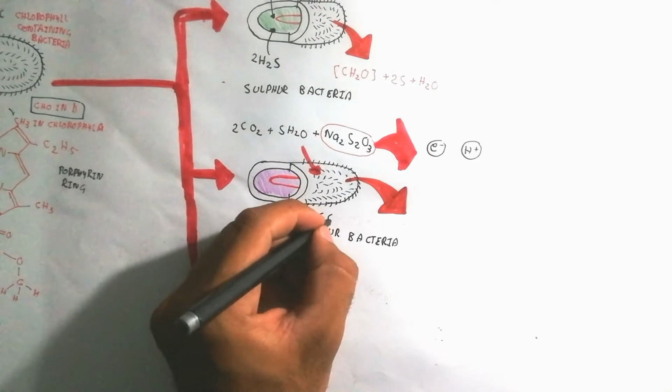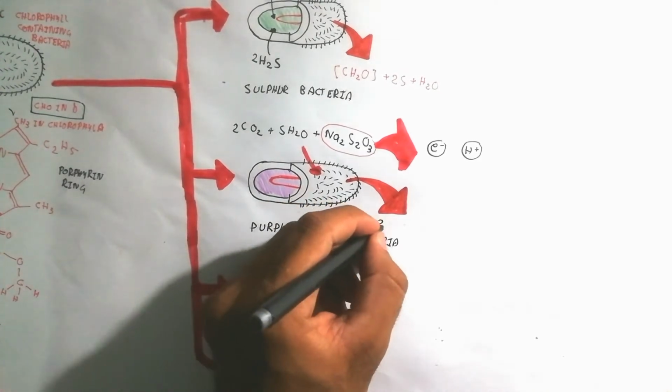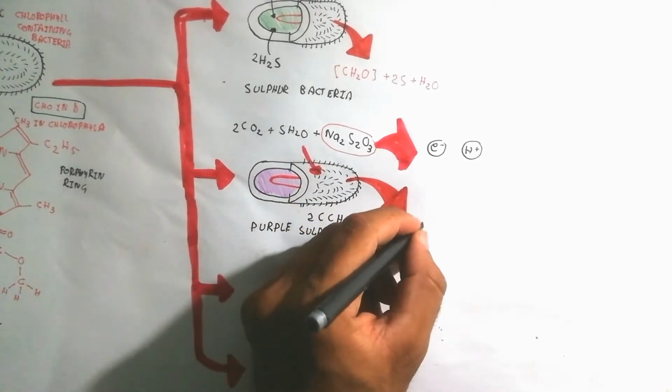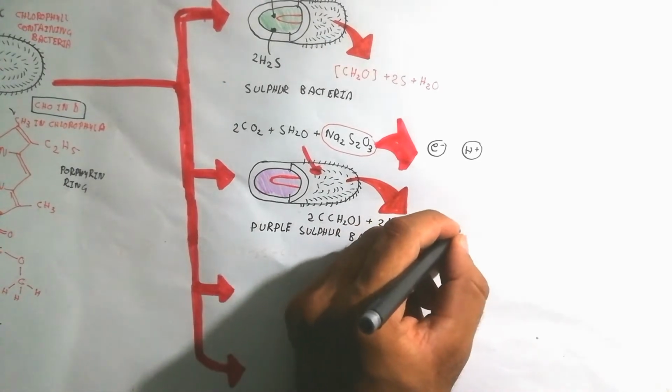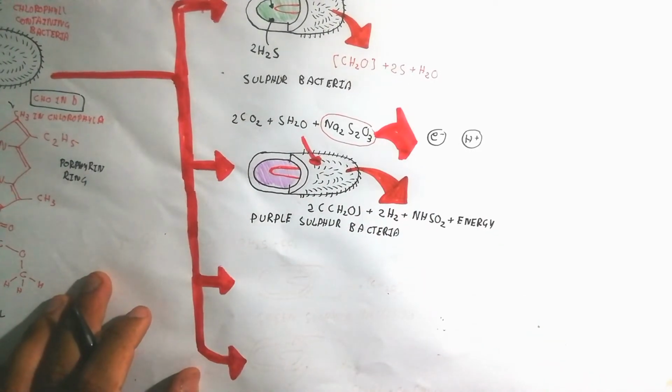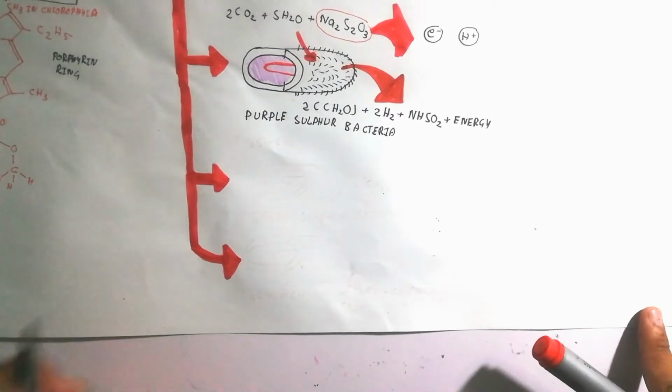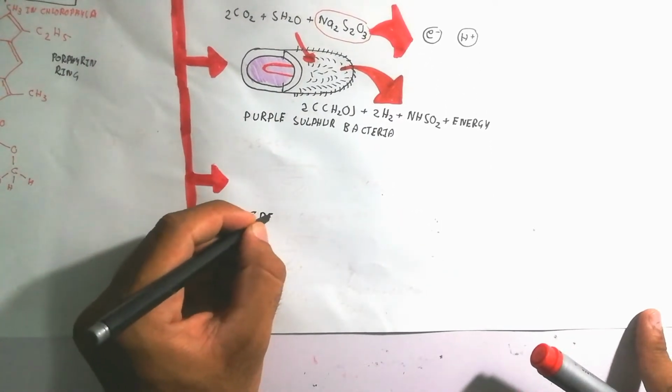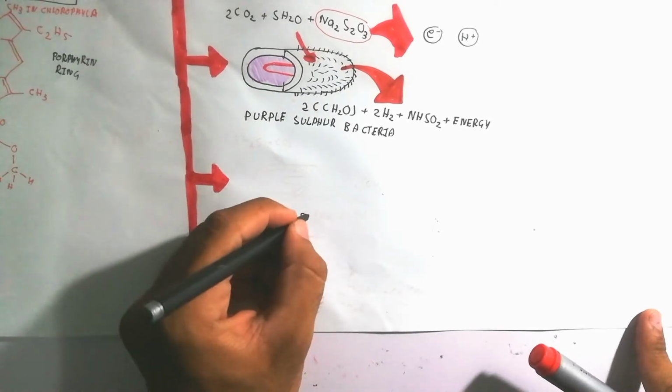So this is the chlorophyll dependent bacteria, which is used to produce energy, and sugar and hydrogen are produced, and energy will be produced. So that is another autotrophic bacteria.